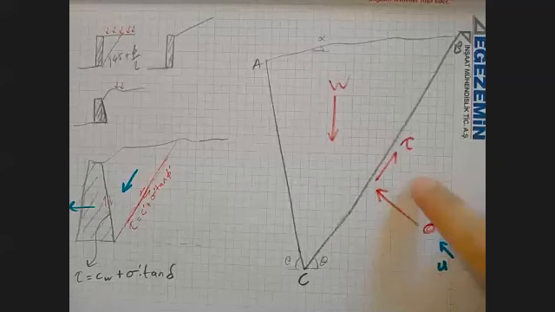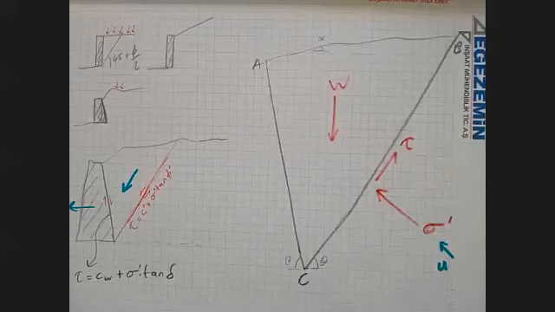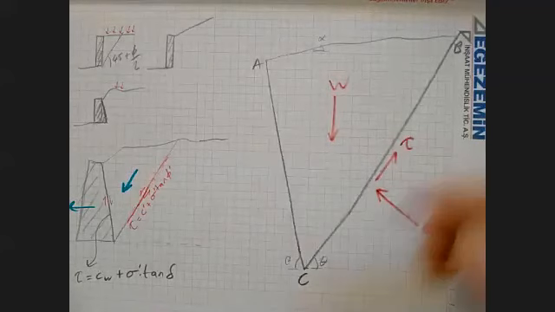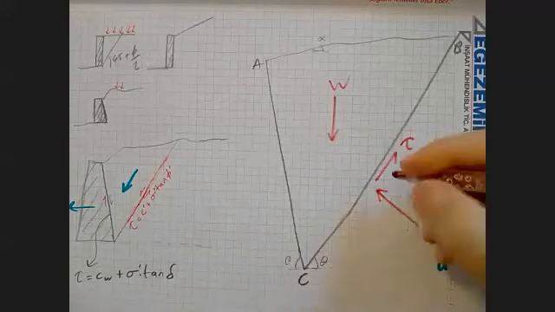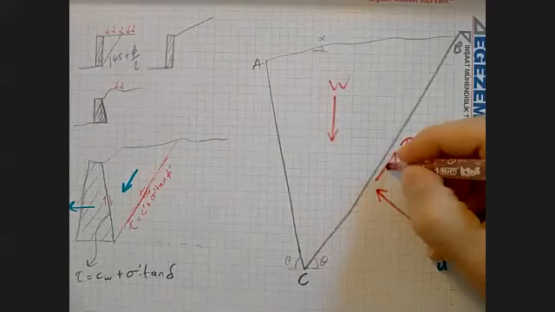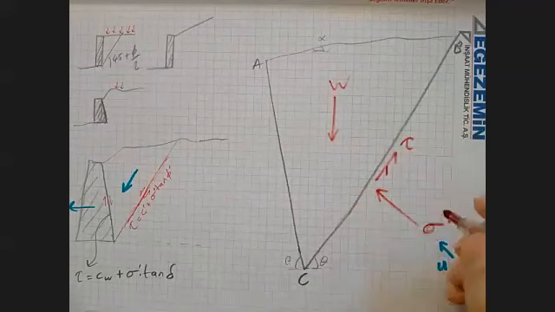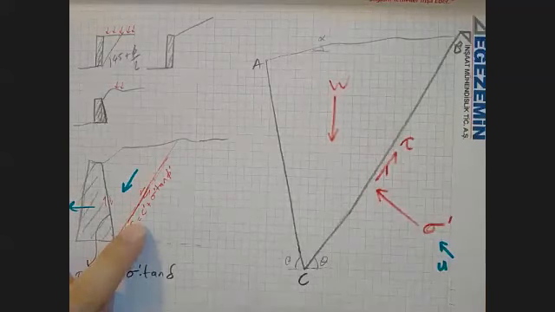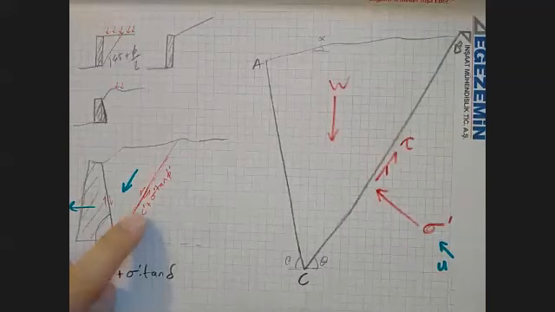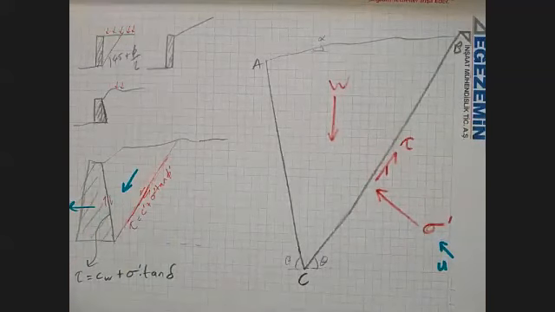Moreover, I'm going to separate this tau into two pieces. So I'm going to break that into two. One of them is, so my tau is this much. It is c prime plus stress times tangent phi.